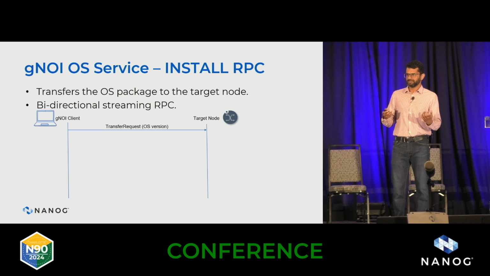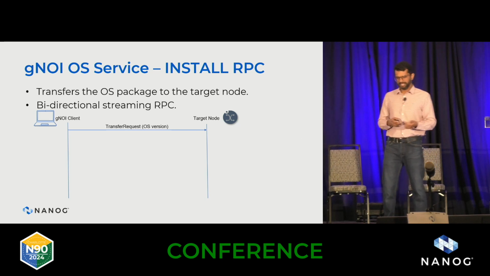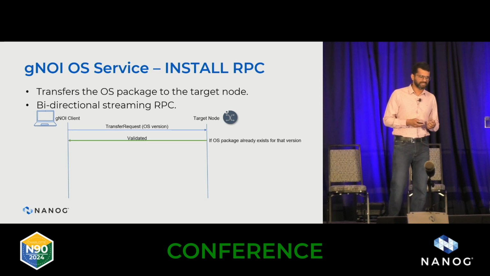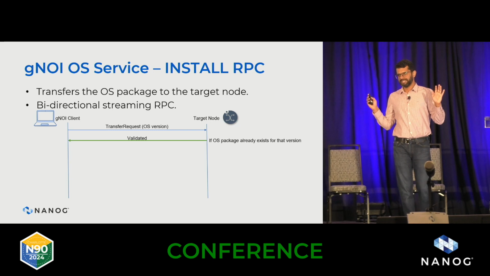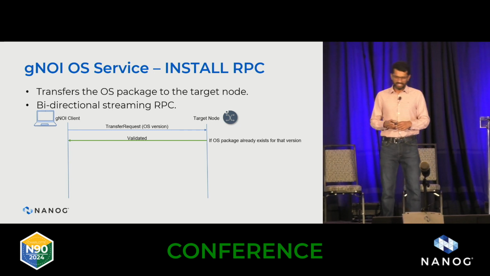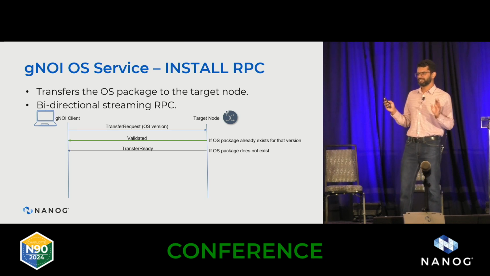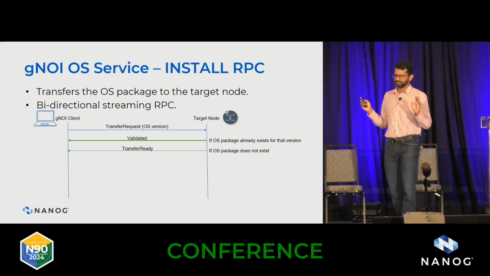Right? So the router might have multiple software versions already available, and if it is available, then the target will respond back with a validated message saying, I already have that image, you don't have to transfer it to me again. If the target does not have that software image, it will send a transfer ready message, okay, I'm ready to accept your image now.